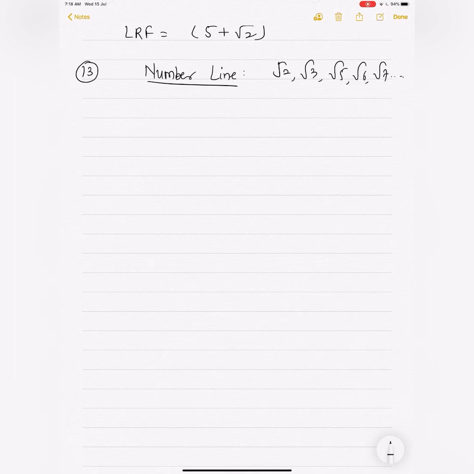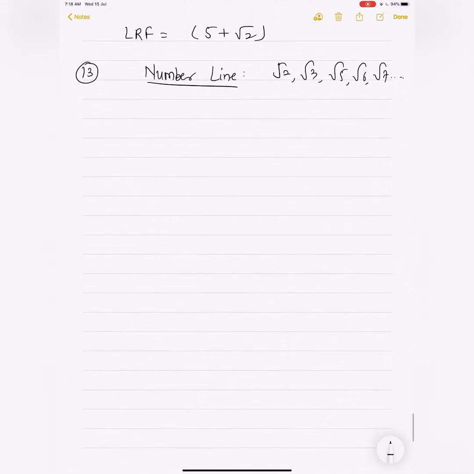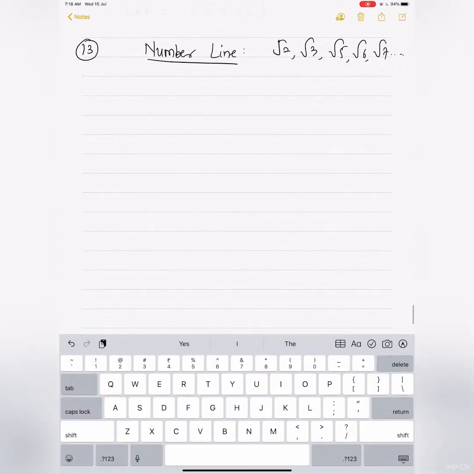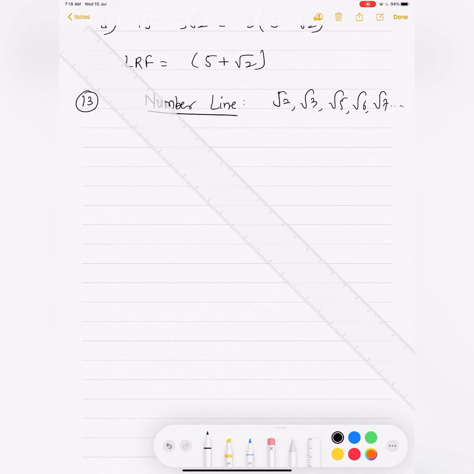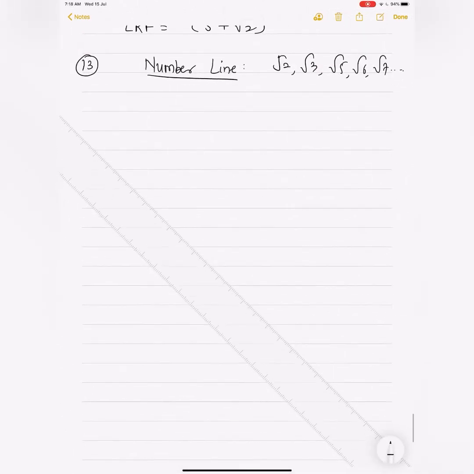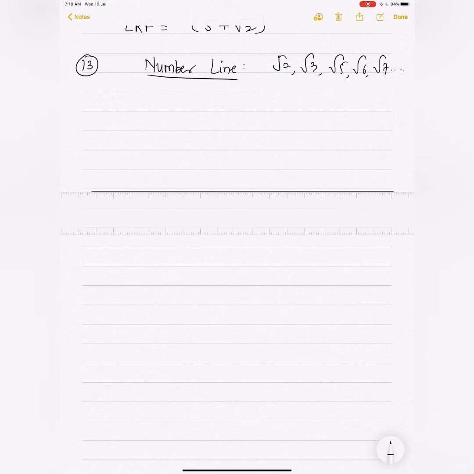Now to do this, what we are going to do is, first, I'll show you the rough sketch. So say out here, we'll draw a line first. Now, let's say we'll mark a point here, 0. Okay.